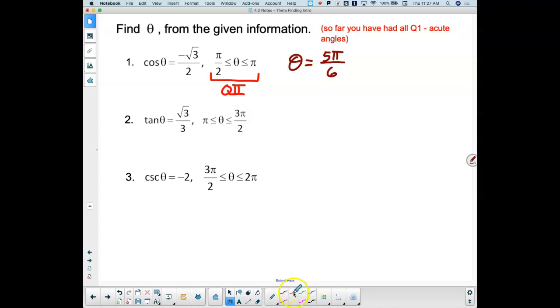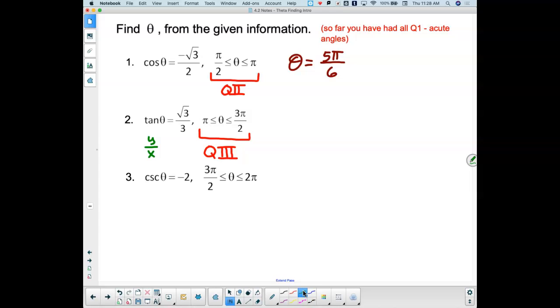Which quadrant am I looking at for this one? 3? Where in quadrant 3 is the tangent? Tangent, remember, is y over x.